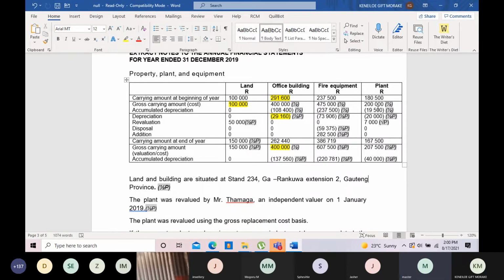Tomorrow, you must be very careful when they give you the residual value. Before you even apply the percentage of depreciation, you take the original cost, not the gross replacement value. Take the original cost, which is 200,000, also written there on your PPE. You subtract the residual value of 5,000, you get 195,000.